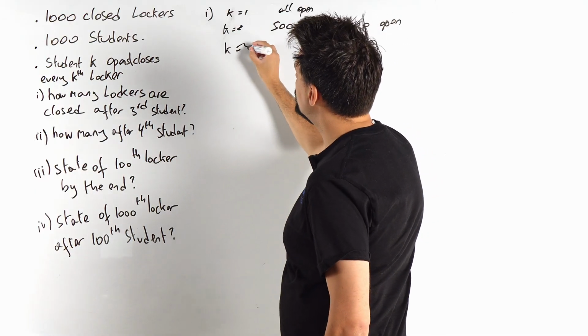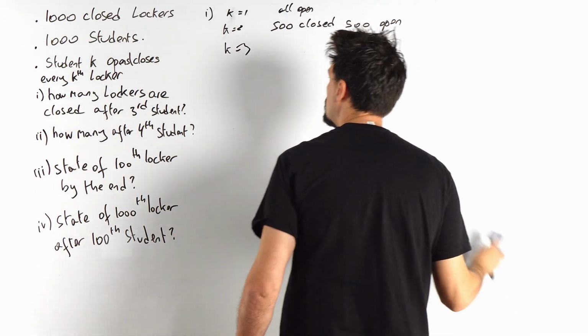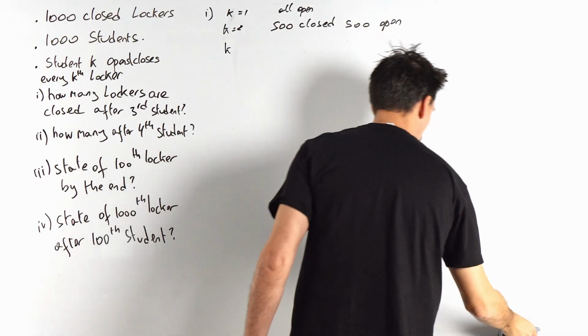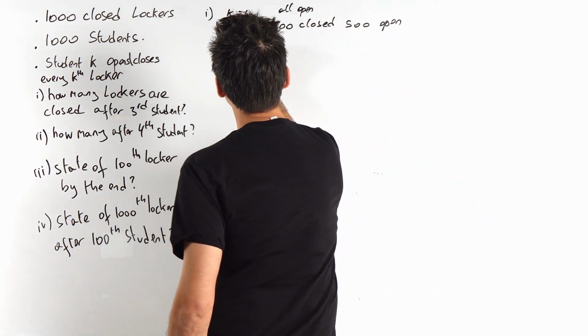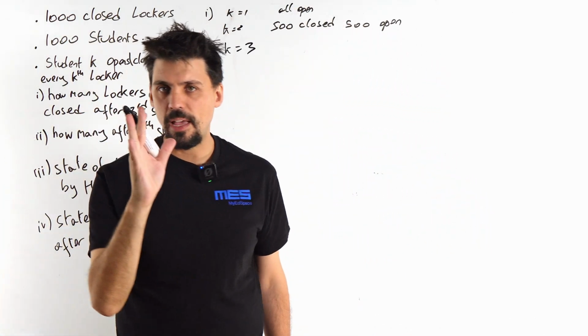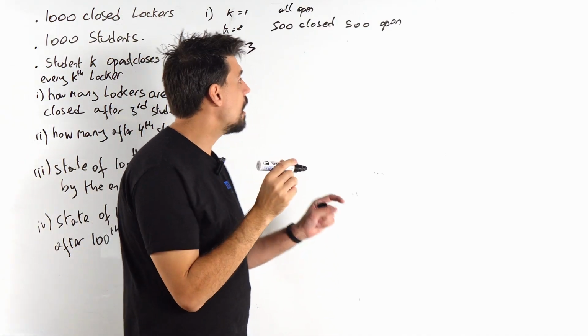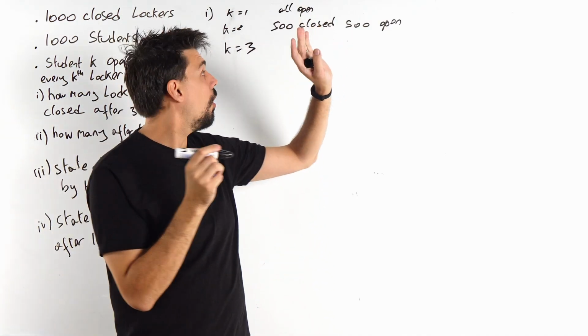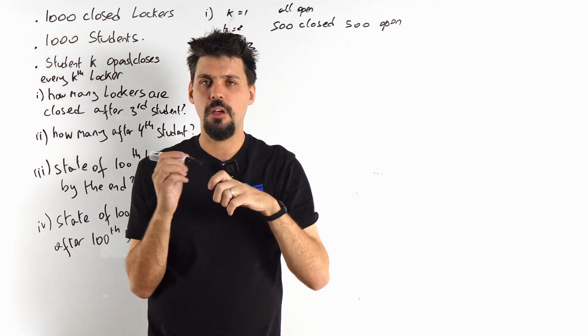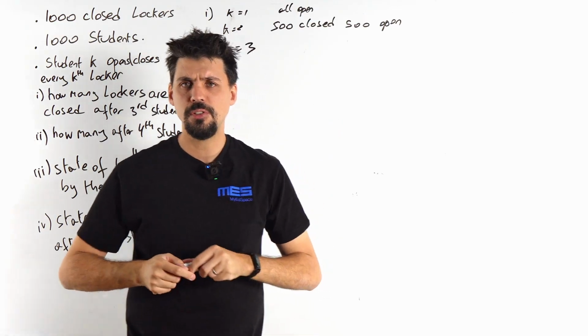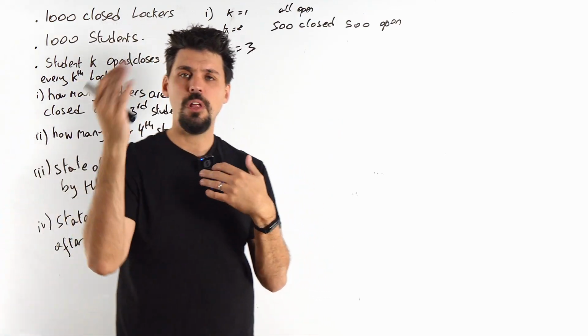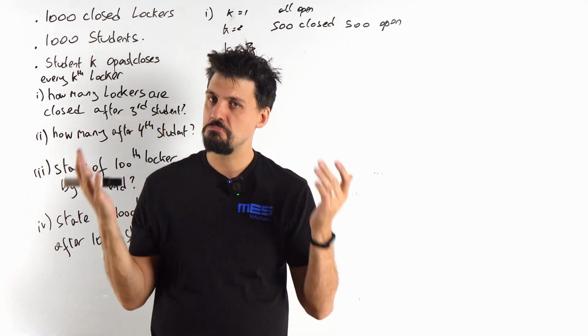Now k is 3. Now it gets tricky. Why is that? We've got this pattern of open, closed, open, closed, open, closed. Well, that third person is going to come down, and every multiple of 3, it will either open or close.